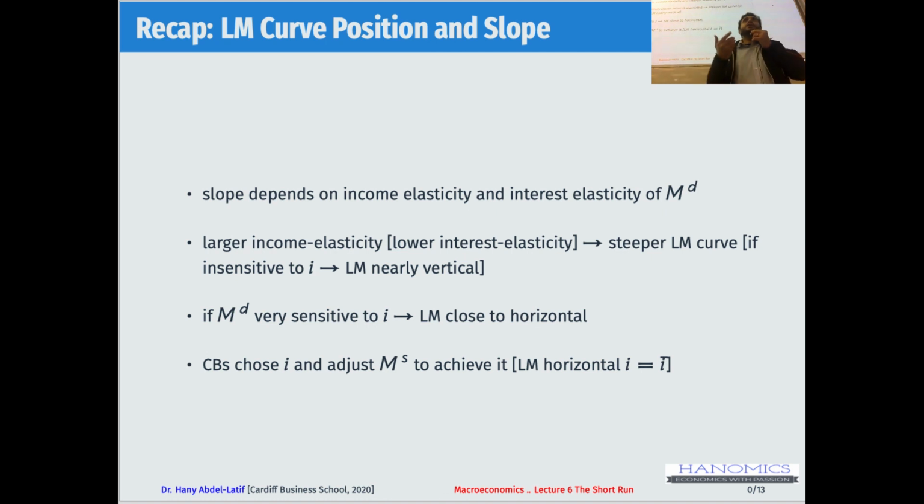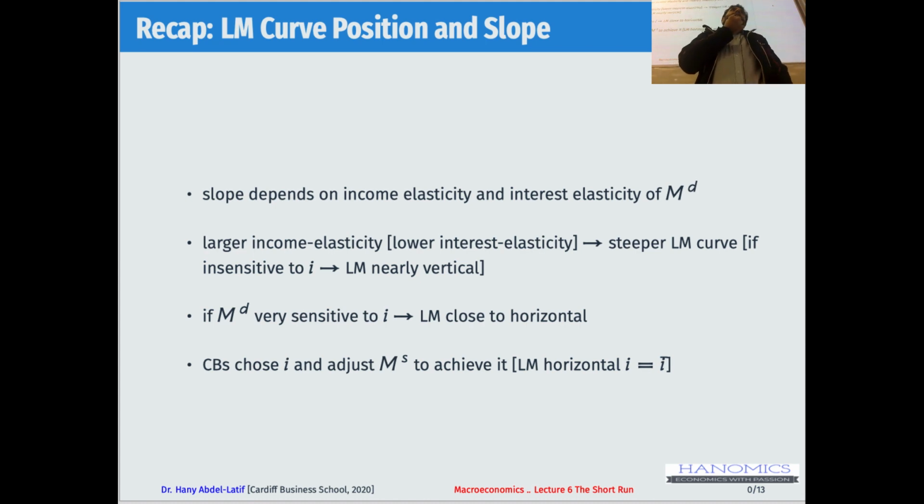So again, we ask the same questions about the slope, about how steep the LM curve should be, and we said that it depends on the income elasticity and interest elasticity of money demand, or how much demand for money will respond to a change in income or a change in the interest rate.